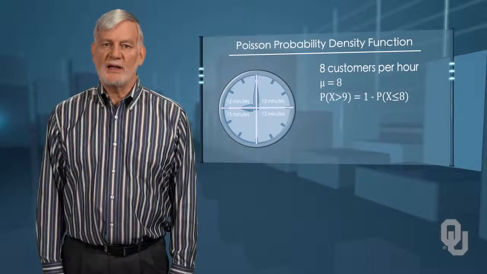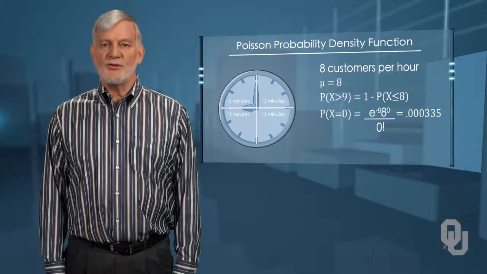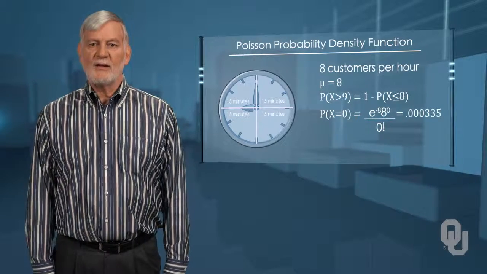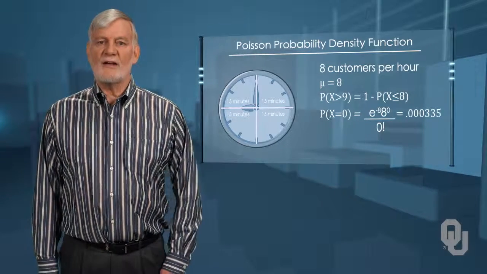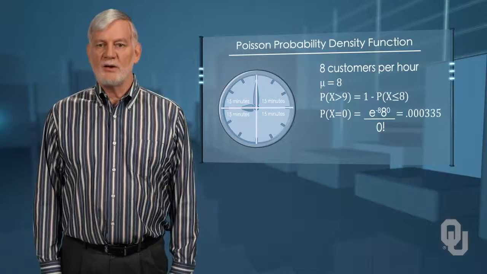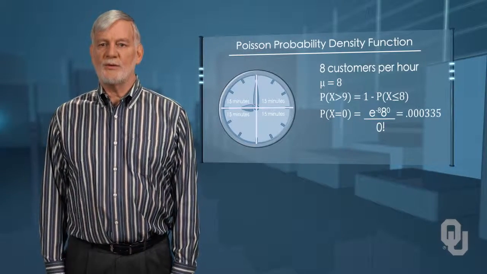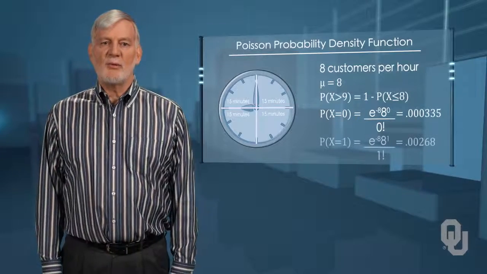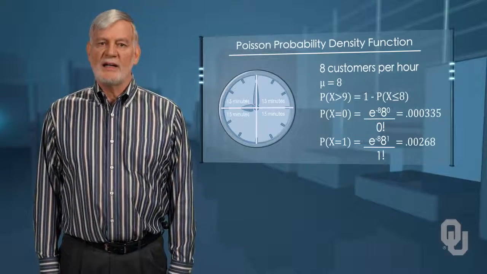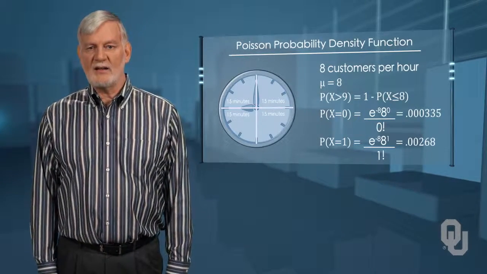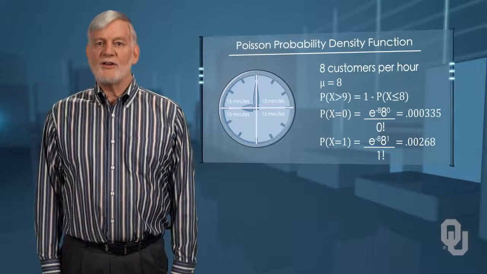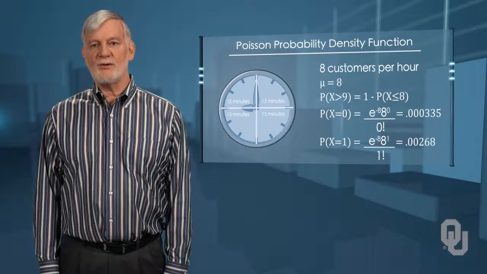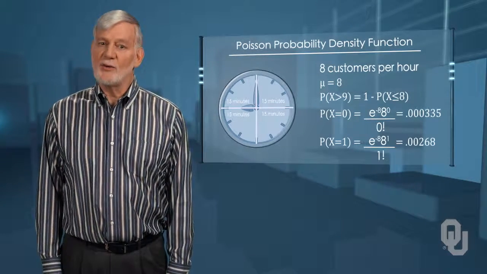The first term would be probability of x equals 0 equals e raised to the negative 8th power, 8 raised to the 0 power, the whole thing divided by 0 factorial, which is equal to 0.000335. The second term would be the probability that x equals 1 equals e raised to the negative 8, 8 raised to the first power, all divided by 1 factorial, which is equal to 0.00268, and so on.